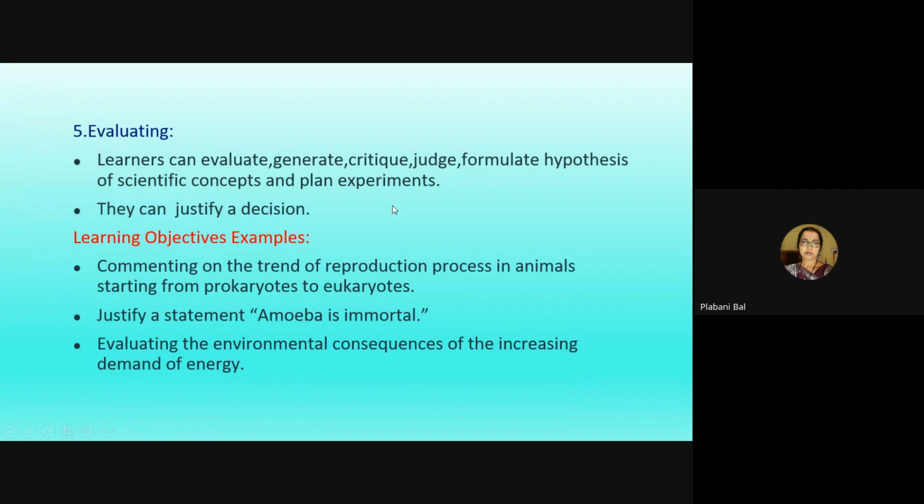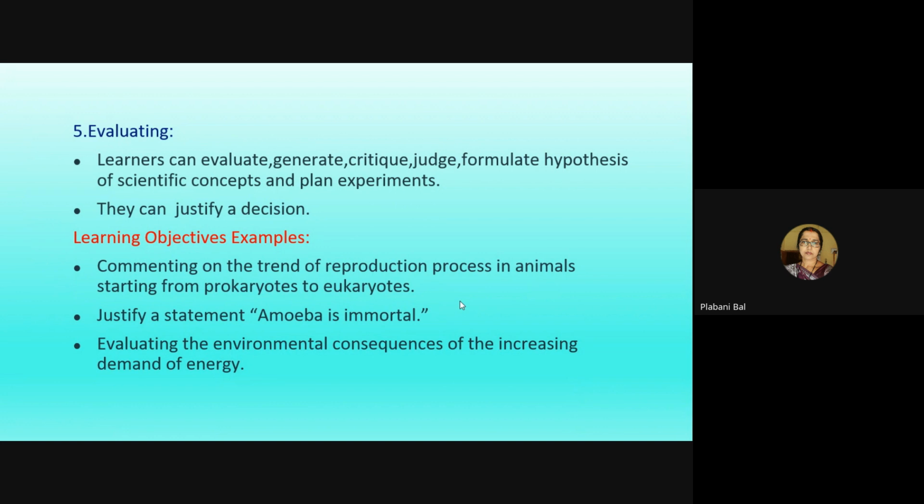Some examples are commenting on the trend of the reproduction process in animals, starting from prokaryotes to eukaryotes, how it is occurring. They have been taught about reproduction in prokaryotes, unicellular, multicellular, in a hierarchy.